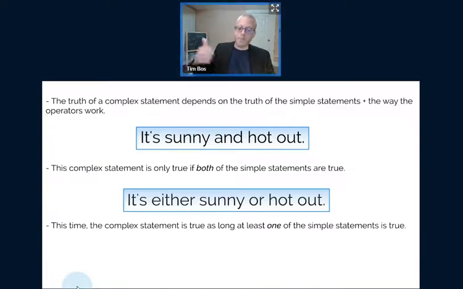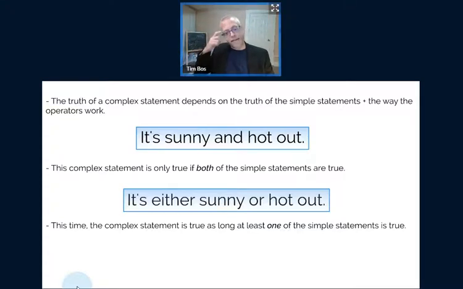This time, the complex statement is true as long as just one of the simple statements is true. If I tell you it's either sunny or hot out, and you tell me that it's sunny but it's actually cold, well, I was still right. I was saying, well, it's going to be one of those. Well, then it's going to be true as long as at least one of them is true.